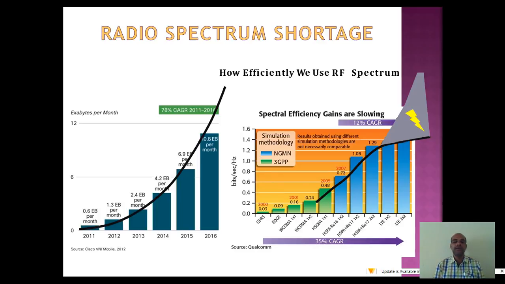If you consider the last 3-4 years, the growth rate is very high. In future the growth rate may increase more, and by 2020 there will be no capacity of the radio spectrum to cope with the existing demand.